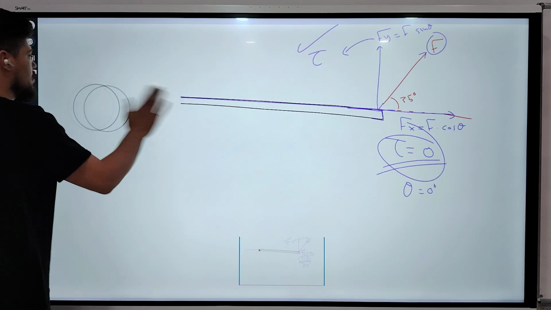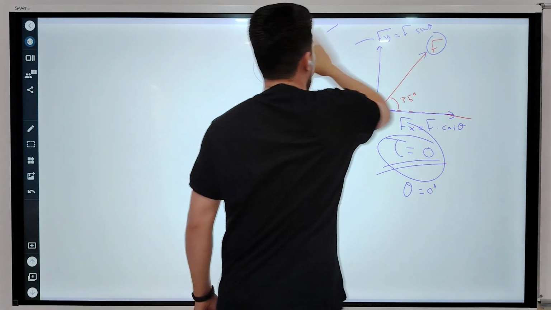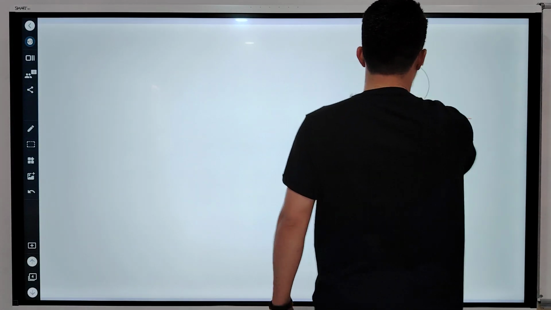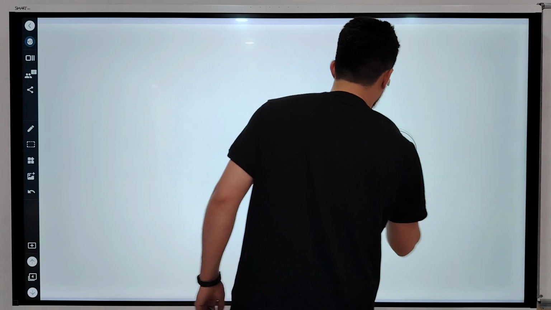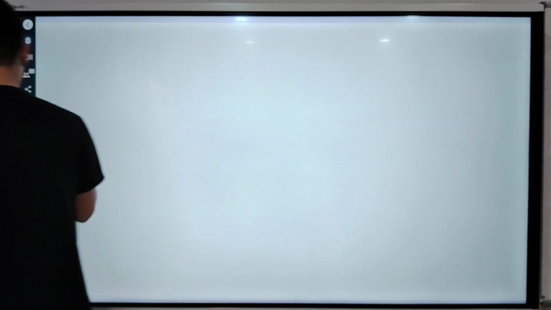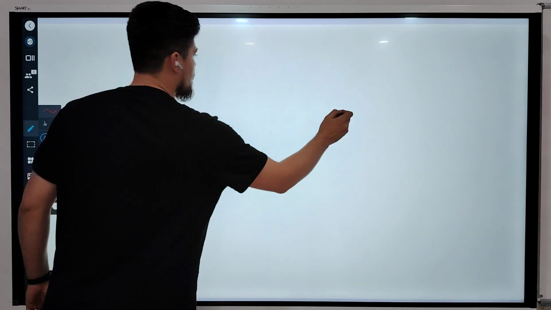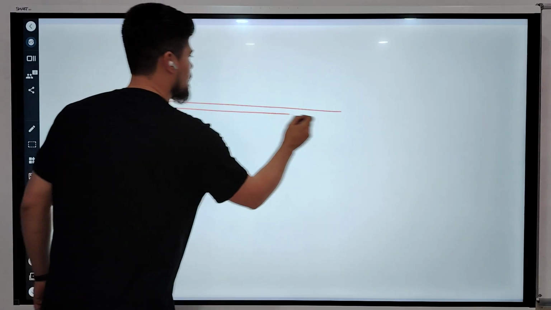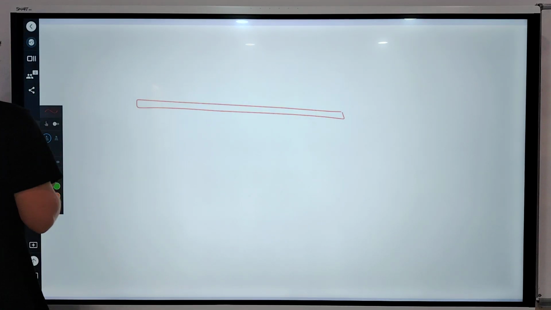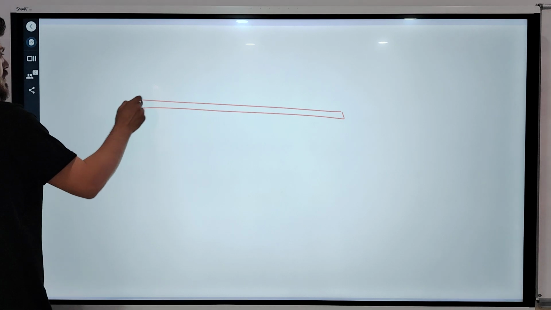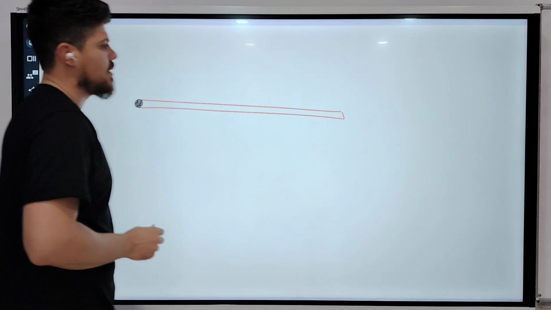Now I'm going to show you more cases, different situations of a force applied on the thin rod. Assume that this is the axis of rotation.